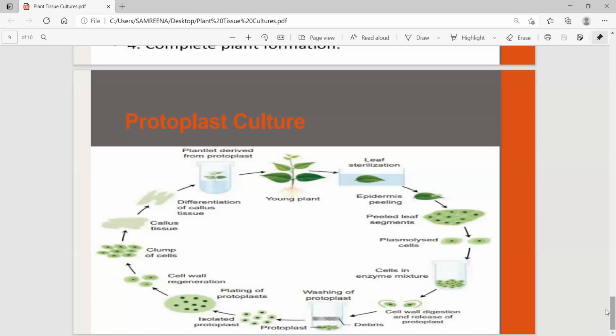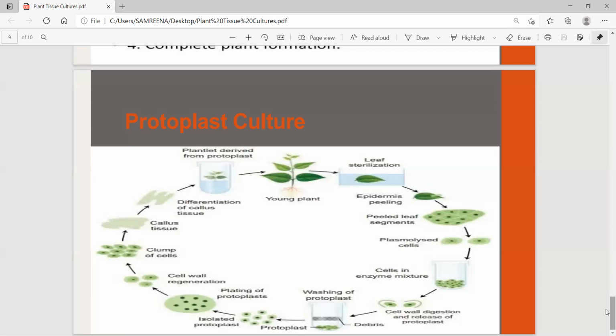This is a complete whole cellular system of the plant. We can go for manipulation as we do in microorganisms. We can place a gene of interest outside, or we can do any kind of manipulation with it.